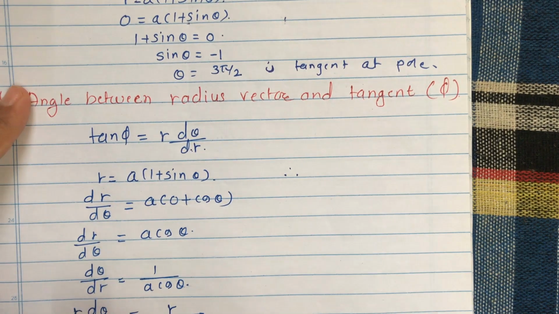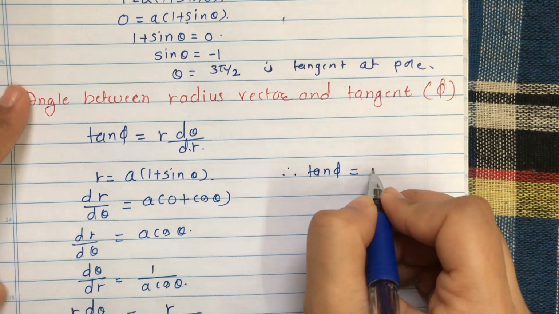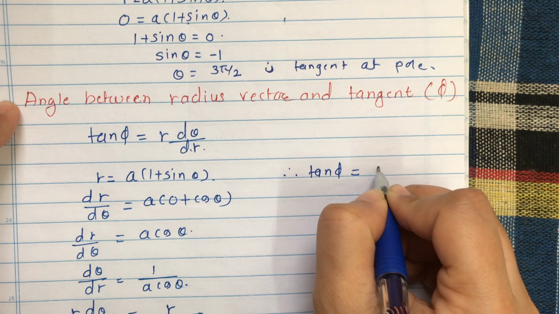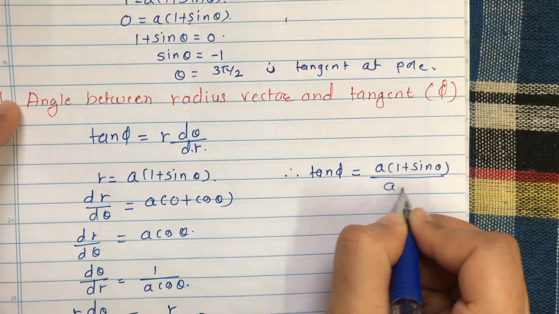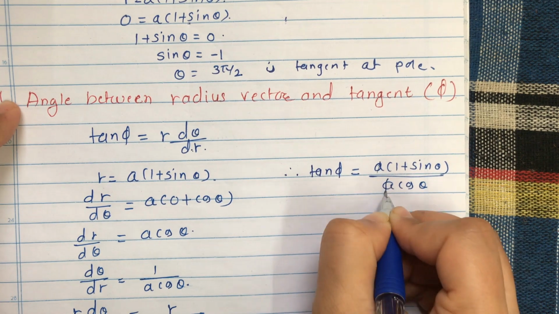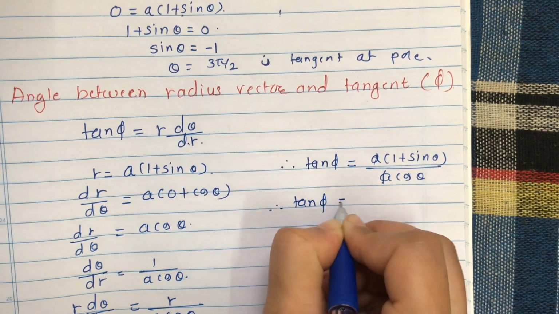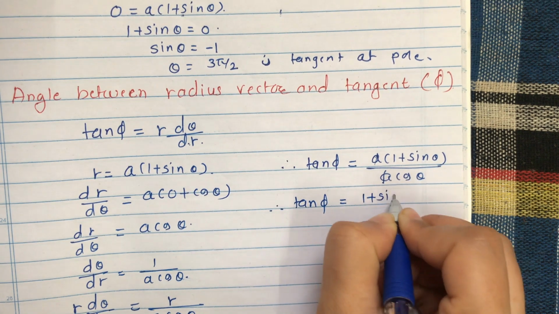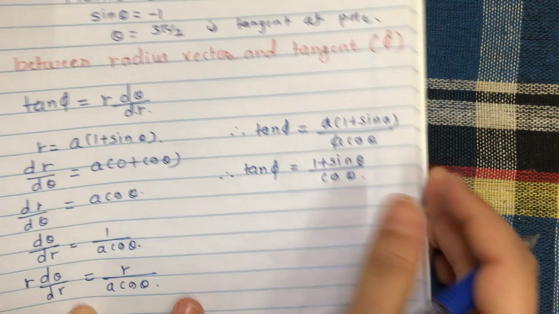Now r d theta by dr is equal to tan phi, so I will write tan phi is equal to, the value of r is a(1 plus sine theta) divided by a cos theta, so a gets cancelled, so there remains tan phi is equal to (1 plus sine theta) divided by cos theta.